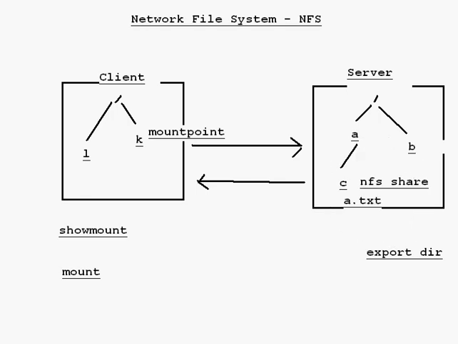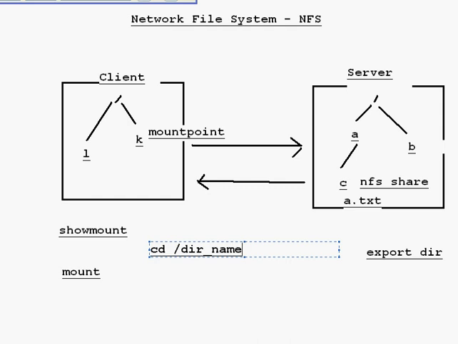And then we discussed how to mount a NFS share on the mount point. So that was our discussion, and now we're going to talk about something a little different, how to automatically mount it. When I say automatically mount it, I mean that when I type the command cd, and let us say some directory name, then at that time I should have access to the data on the remote server.